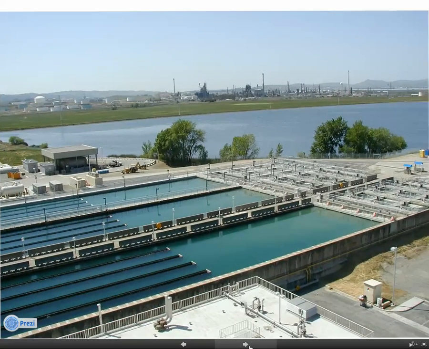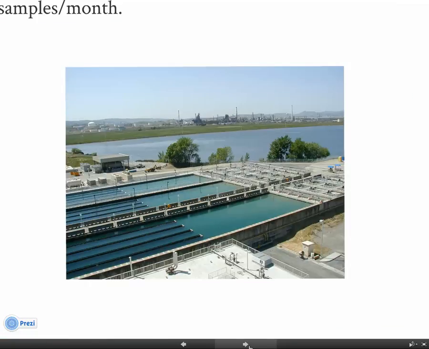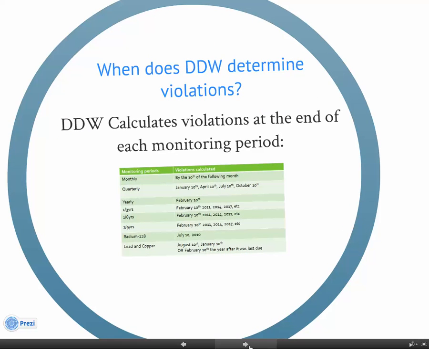So for these quality violations, you're probably looking at some sort of treatment. You're going to be needing to take action to remedy the quality problem at the end of the day, because you want it fixed, we want it fixed. We all are in the same business of wanting people to be drinking safe drinking water.